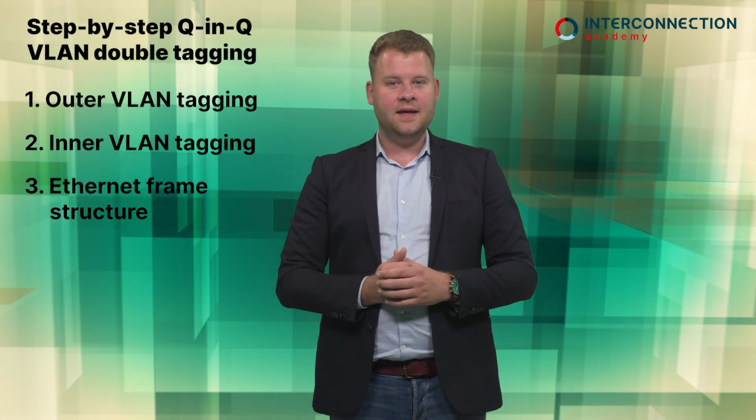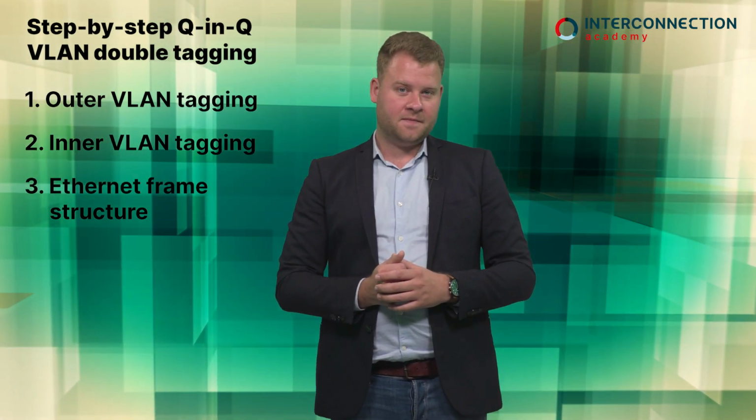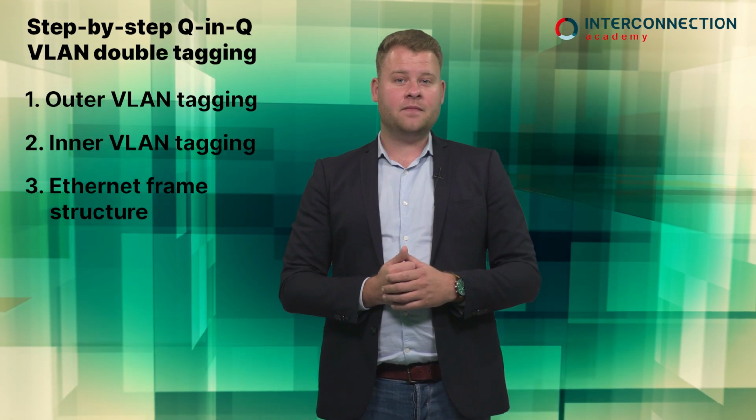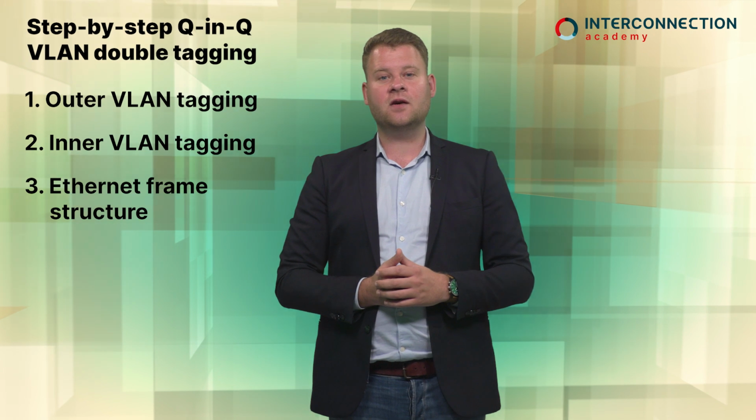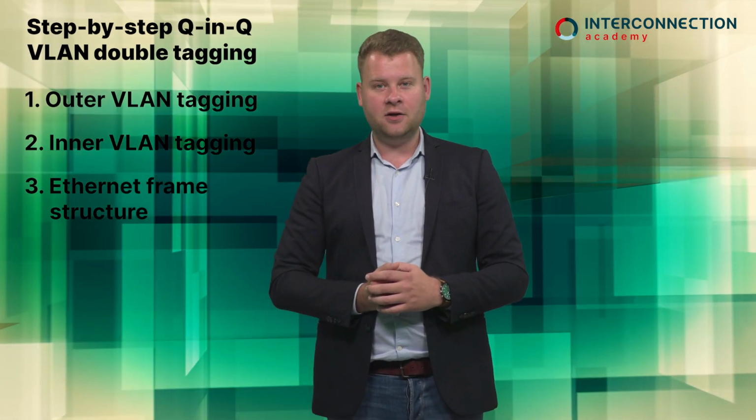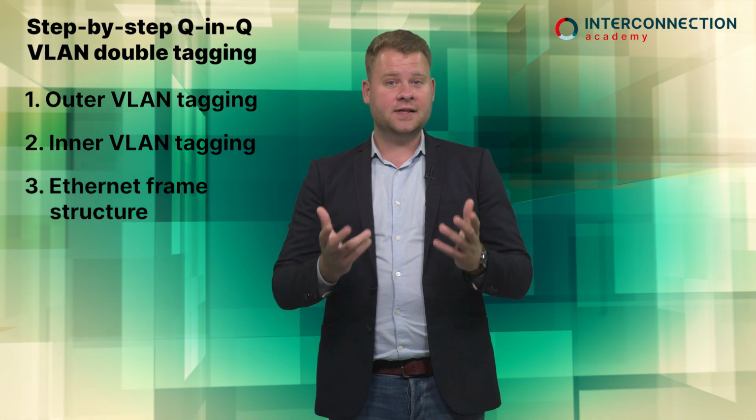Third, Ethernet frame structure. An Ethernet frame with Q-in-Q VLAN double tagging consists of an outer VLAN tag, followed by the inner VLAN tag, and of course the original payload, which is the actual data.